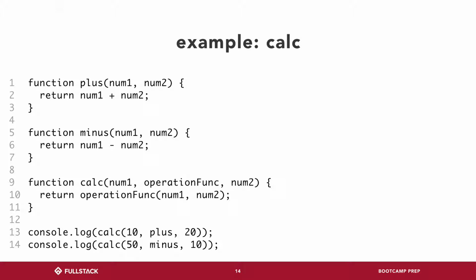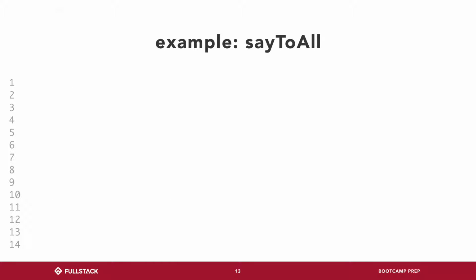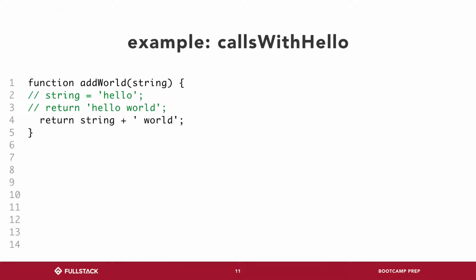That's a good point of anonymous functions, why they might be useful. Let's say instead of passing plus, you just pass in a function here, like before with this anonymous function.